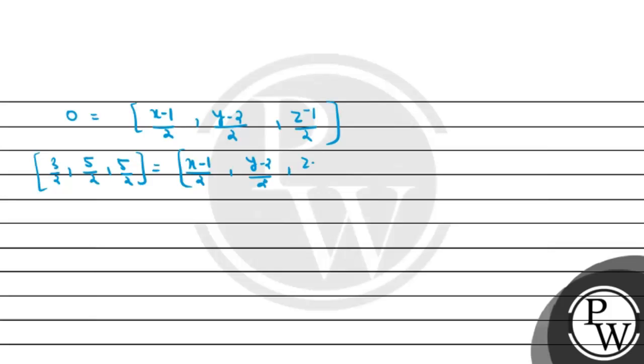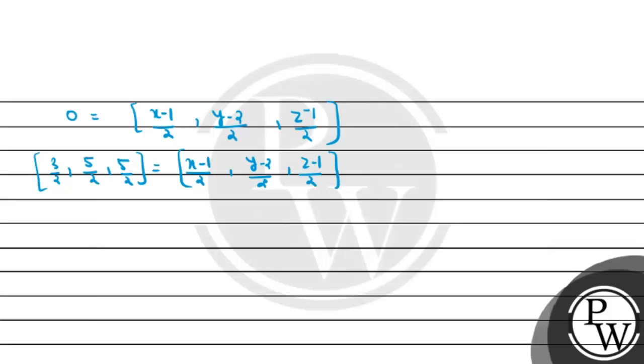So O will be (x minus 1) upon 2, (y minus 2) upon 2, and (z minus 1) upon 2. Okay, so let's solve. Then the value of O, 3 upon 2, 5 upon 2, 5 upon 2, is equal to (x minus 1) upon 2, (y minus 2) upon 2, and (z minus 1) upon 2.